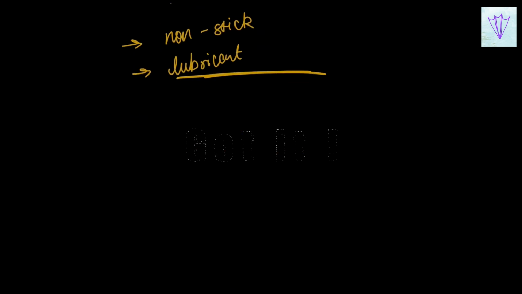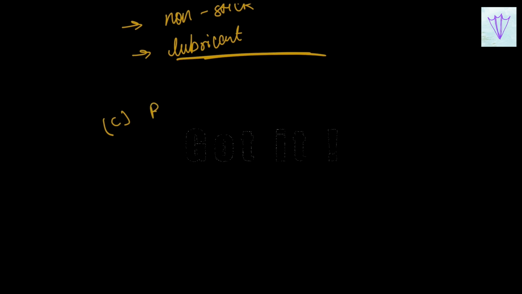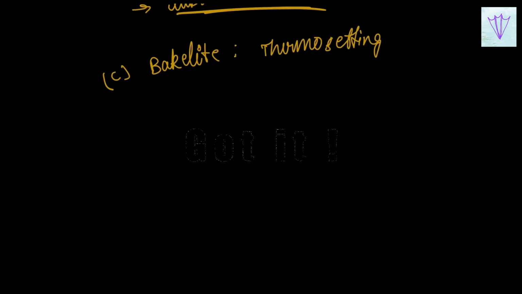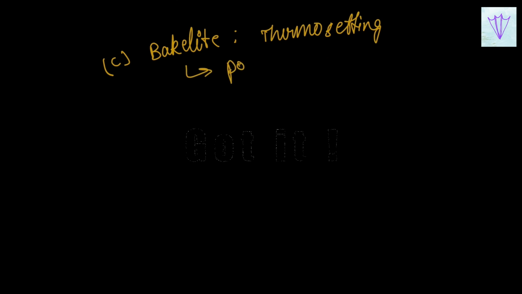So the next plastic we are going to study is bakelite. It is a thermosetting plastic, and it is a poor conductor of heat or electricity.